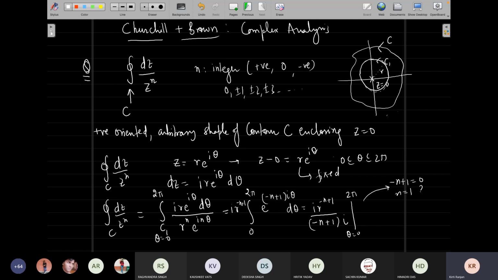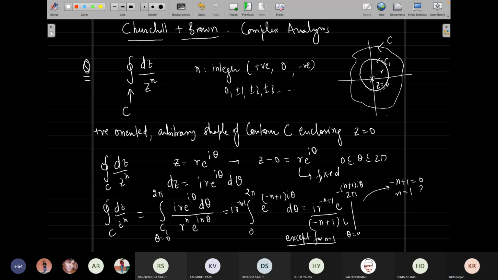This result will remain valid for all values of n except n equal to 1. Then you have exponential of minus n plus 1 iθ. What will be the result? It is important to note that this result is valid for all n except n equal to 1.